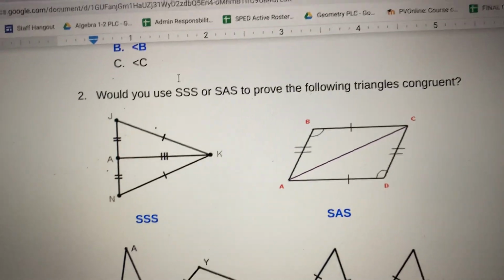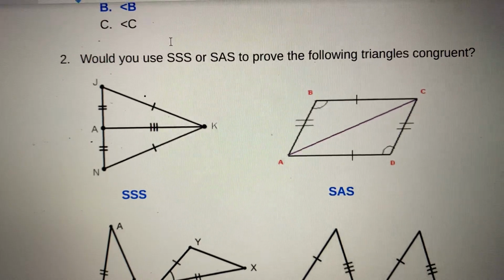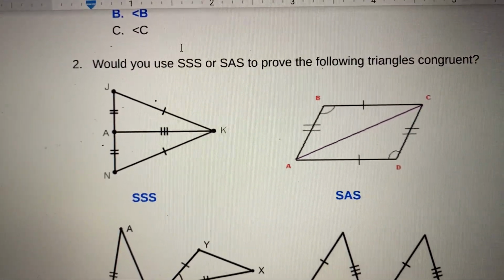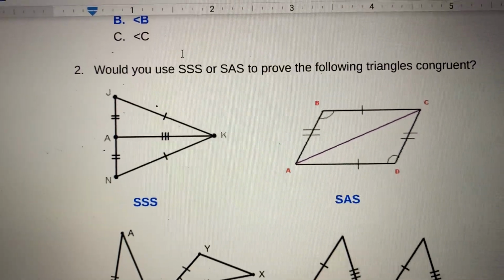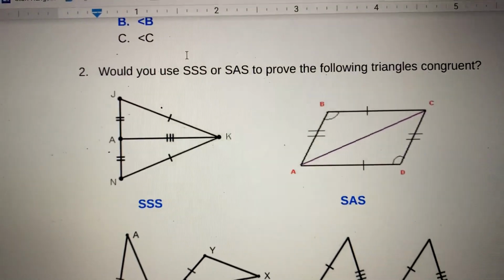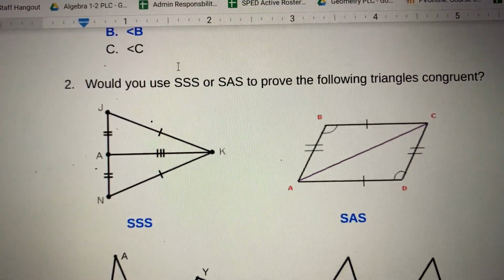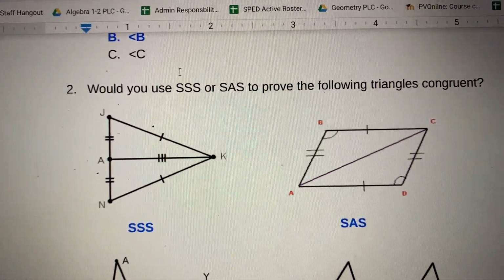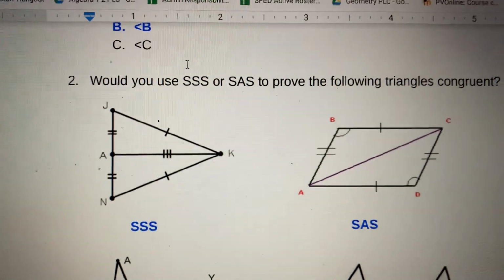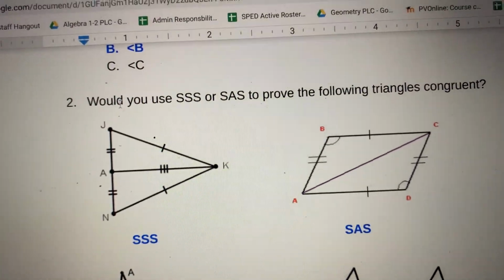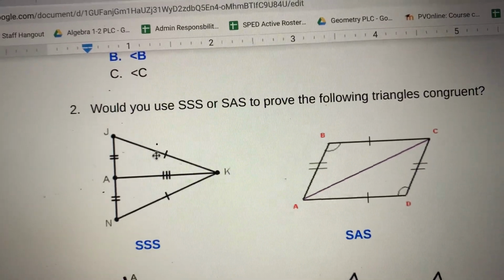The next one, for number 2, you're actually going to have several of these where you have to choose either side, side, side, side, angle, side, or not enough information provided. And we want to know what we're going to use to prove that the following triangles are congruent. So remember that congruent just means the same. These little markers here, the little checks, mean that they're congruent.